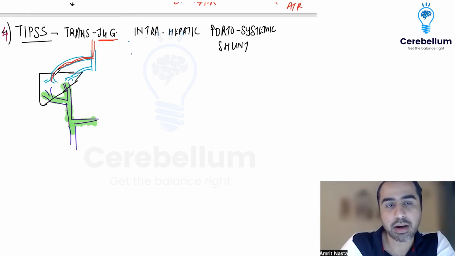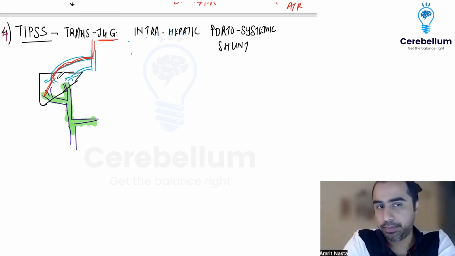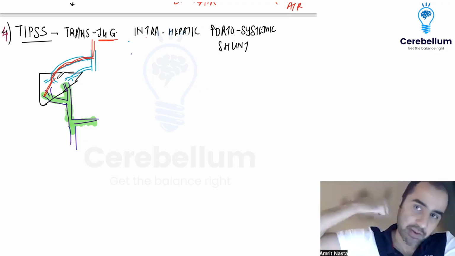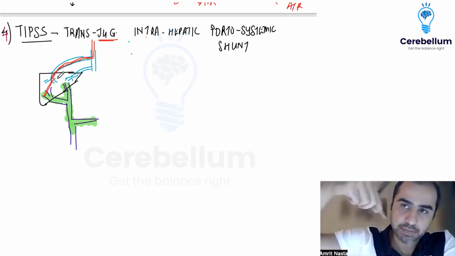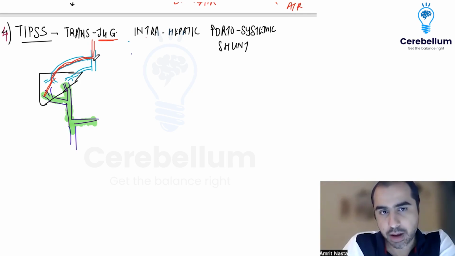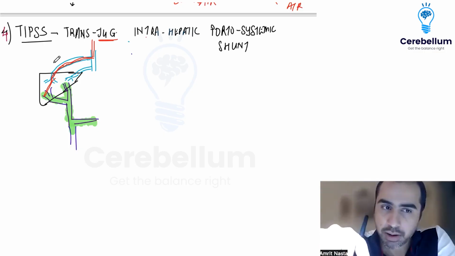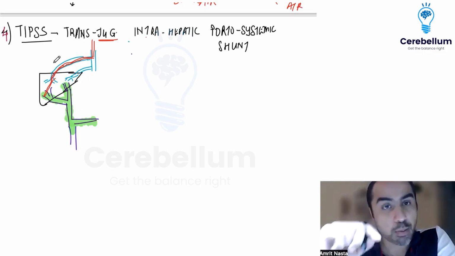And once I enter the liver with the catheter, I puncture the liver and connect the hepatic vein to the portal vein. So I went from the neck vein, SVC, right atrium, IVC. I came till here, went into the hepatic vein, went into the liver, punctured the liver, and entered the portal vein.